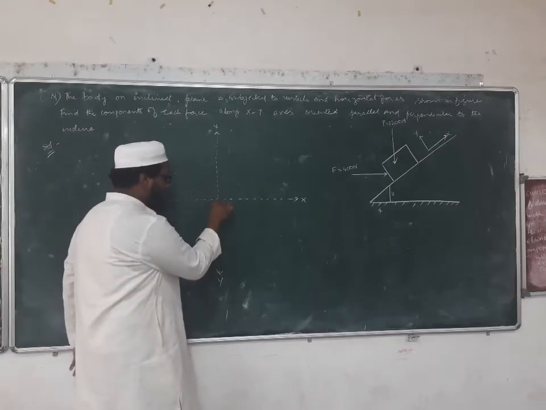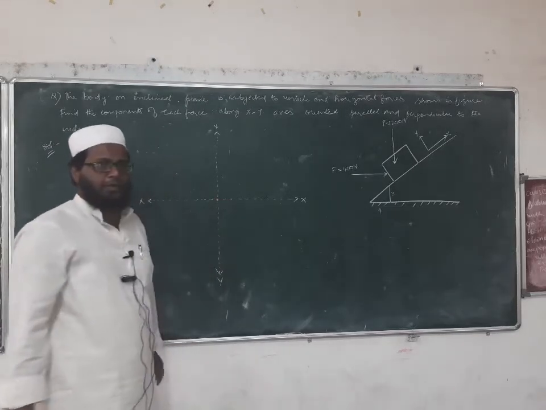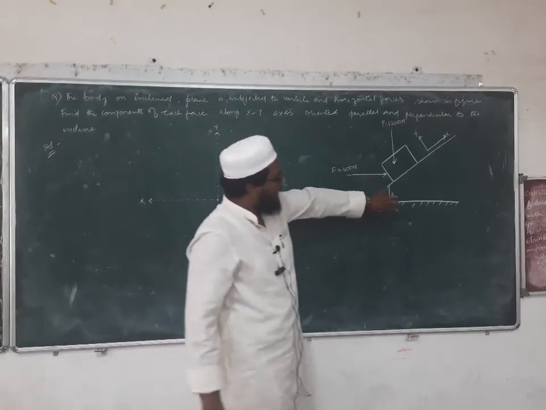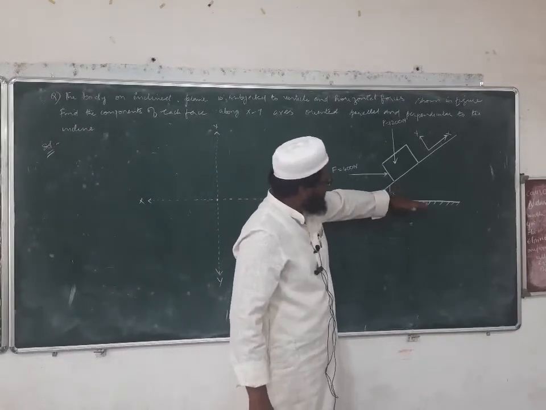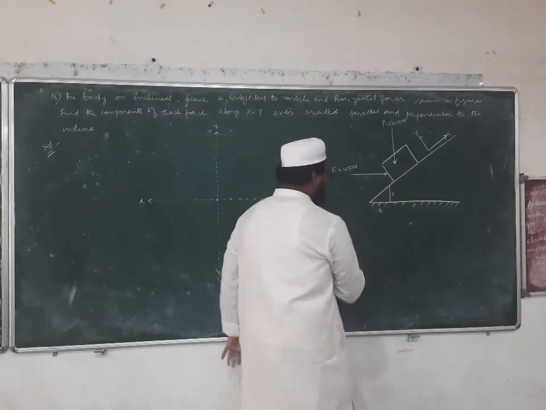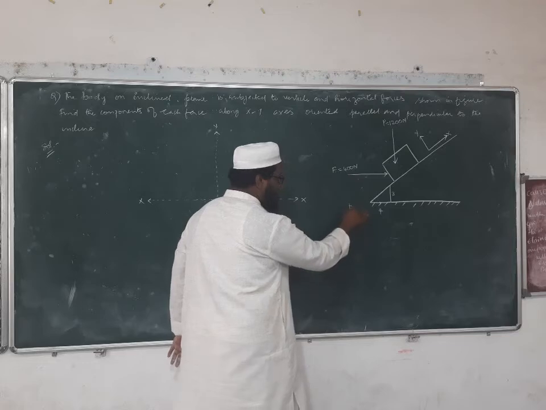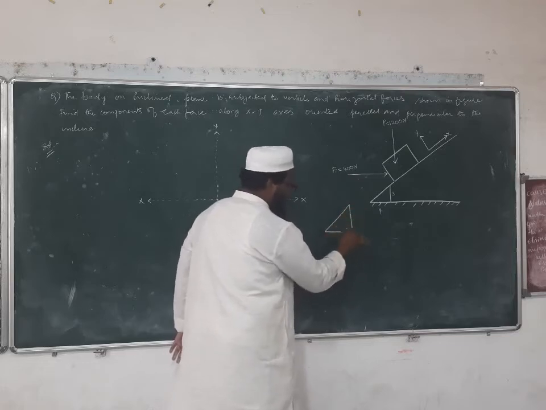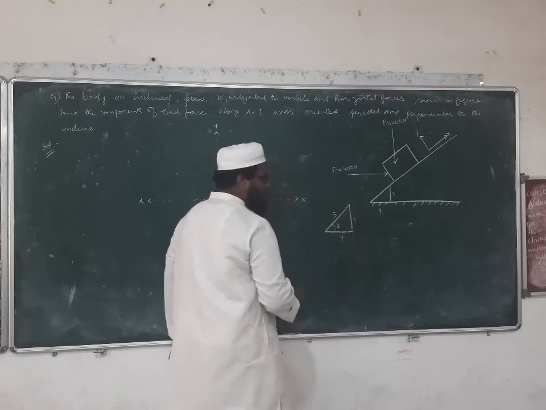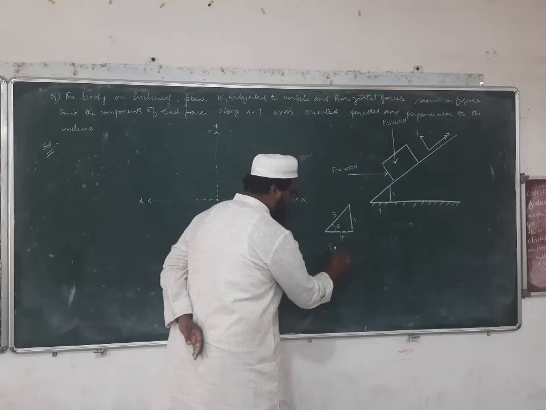This is the particle. Now I will try to rotate my xy axis. This is the x axis, so I am rotating here. If you rotate, what is the angle? See the angle. This is the triangle. This is theta, this is 3 and this is 4, so ultimately it will be 5. So what will be tan theta from this figure?